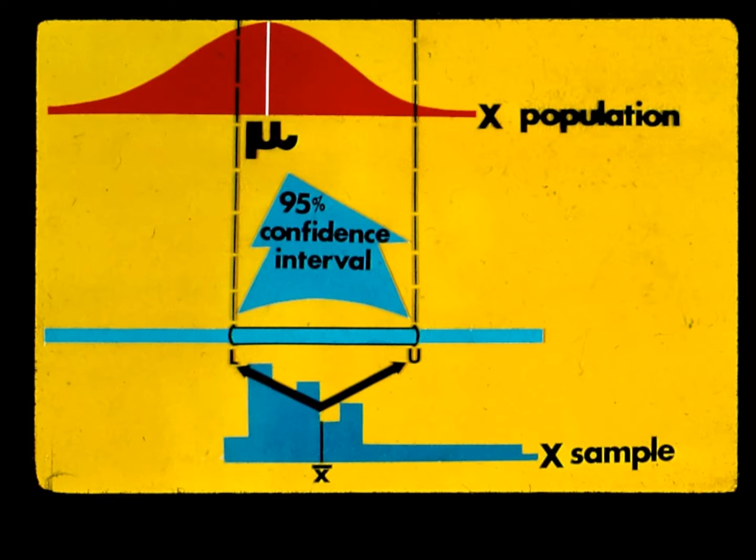For such an interval, we can state with a specified amount of confidence, for example 95%, that the mean mu lies somewhere between L and U. Notice that this picture shows a 95% confidence interval which contains the unknown mean mu. There's always a chance that the interval computed from a particular sample will not contain mu, but if we have a 95% interval, that chance is only 5%.